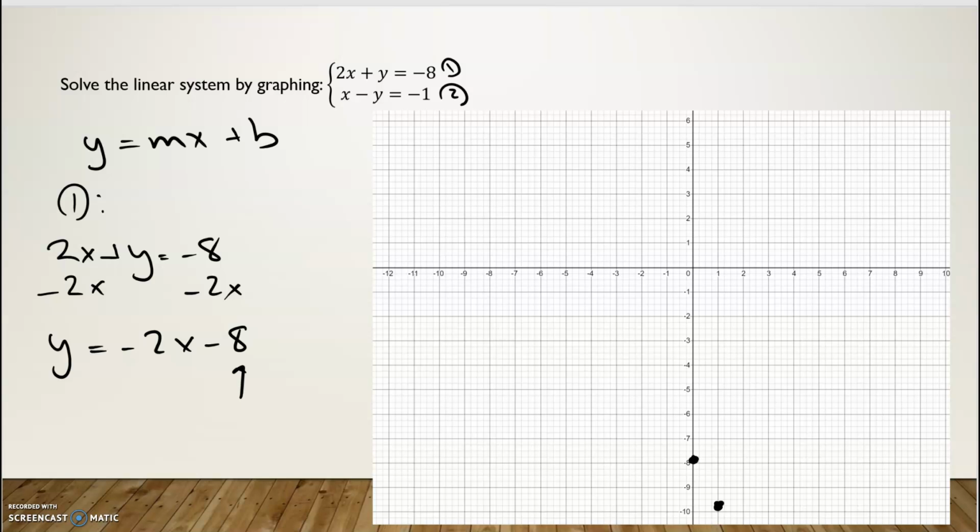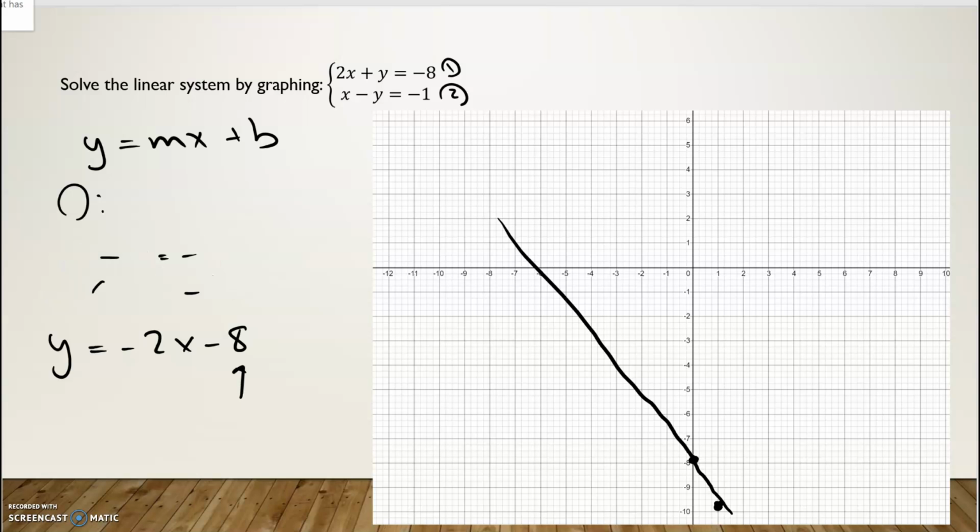And then we're trying to draw a straight line between those two points. Okay, something like that. And then we'll go to the other graph.